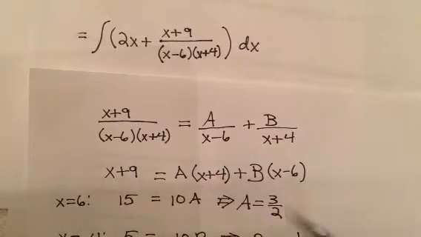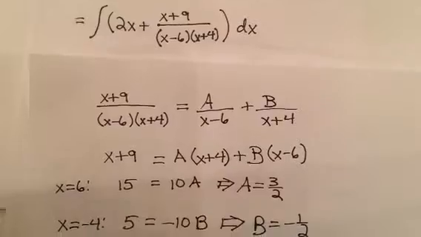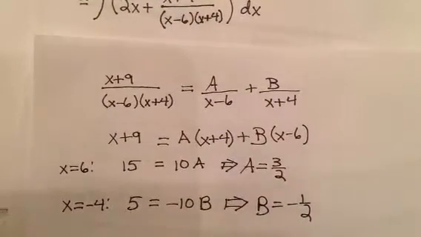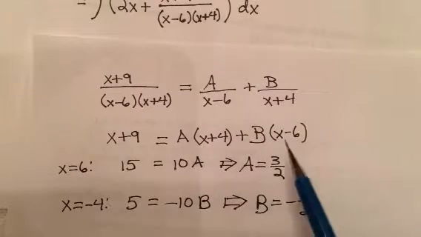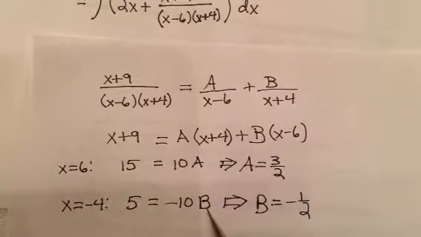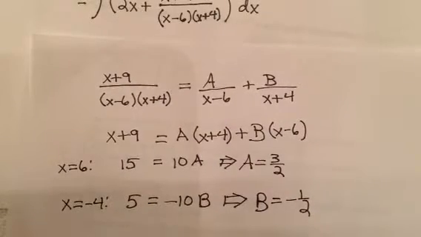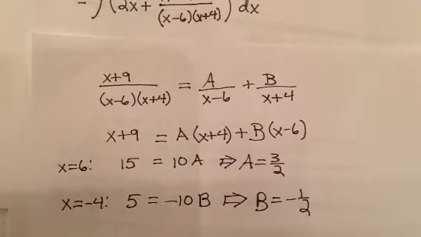For the other zero, we set x to negative 4: negative 4 plus 9 is 5, negative 4 plus 4 is 0, negative 4 minus 6 is negative 10, multiplied by B, so B is negative 5 tenths, or B is equal to negative 1/2.